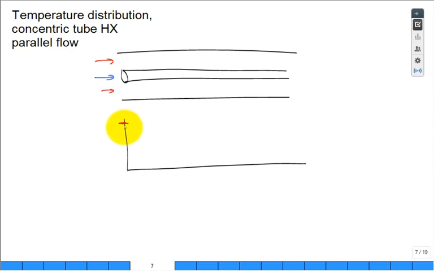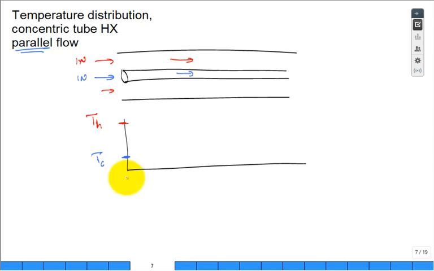Let's put this one in red, the temperature of the hot fluid coming in, and the temperature of the cold fluid coming in. Now they're parallel flow, meaning that the inlet for the hot is on the same side as the inlet for the cool fluid. The direction of the flow, they're parallel. We're going to next talk about counter flow, opposite direction. Okay, so parallel flow conditions.